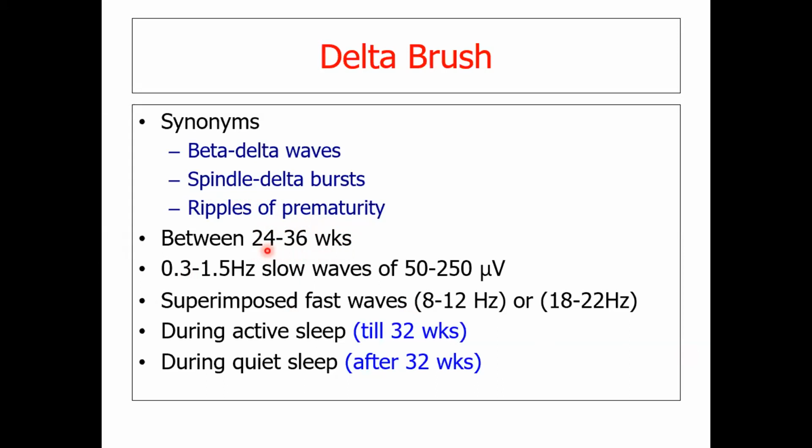They are also known as spindle delta bursts because on top of a high amplitude delta wave, you have superimposed waves which may be of beta frequency or alpha frequency. In the early neonatal age group, till 32 weeks, they occur only during active sleep; later they occur during quiet sleep as well.